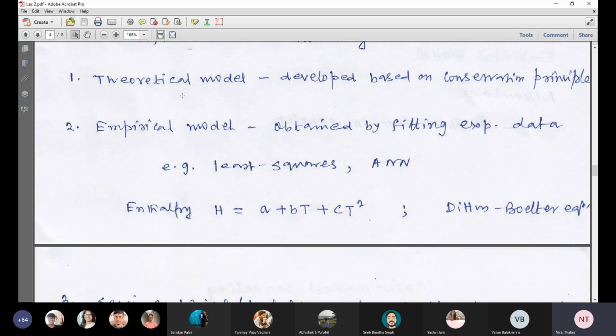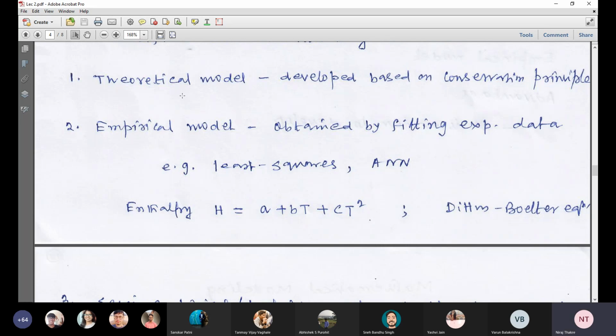I repeat, for a reactor, we first go for conservation of mass. We apply the conservation of mass principle and we get the concentration differential equation. Then we apply the conservation of energy and we get the temperature differential equation, dT/dt, capital T, small t.